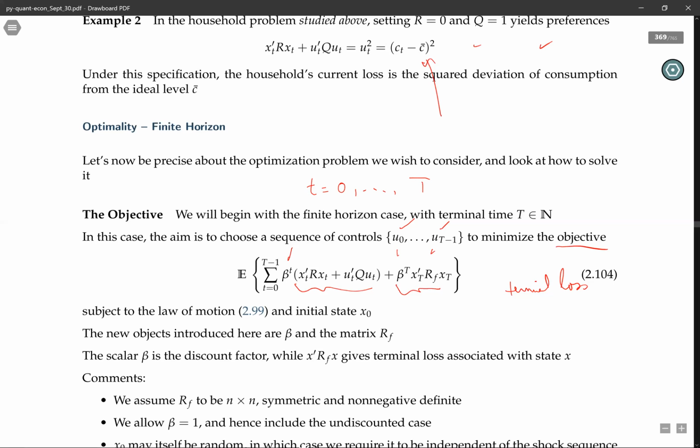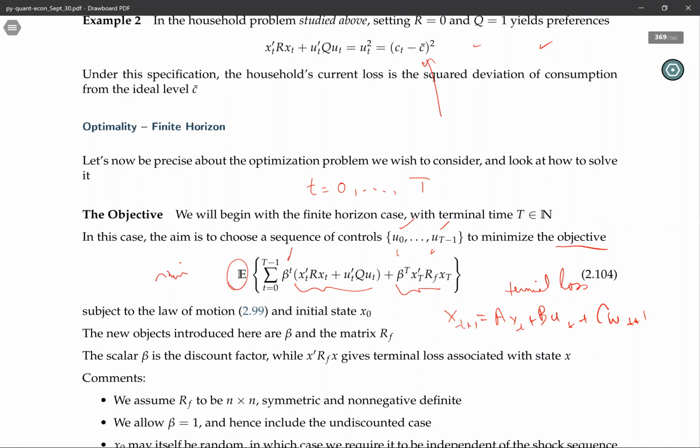Now, we made it quadratic. It's a discounted linear quadratic control problem. It's a quadratic objective function. So we want to minimize this whole thing, subject to our law of motion for the state. That's what we want to do. Now this is the mathematical expectation. I'm going to tell you something about that.